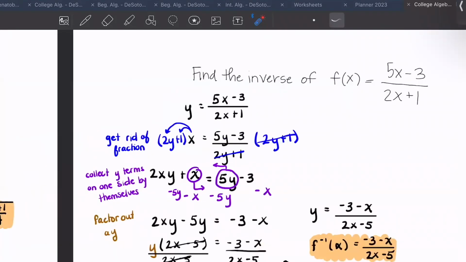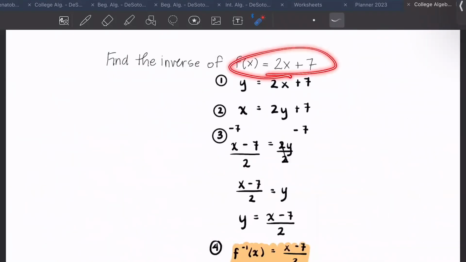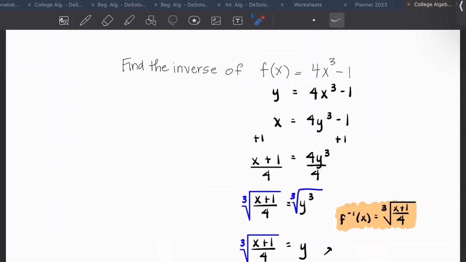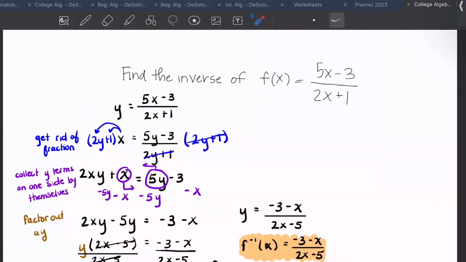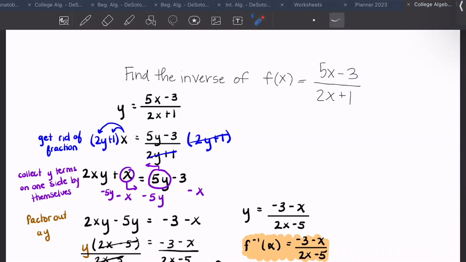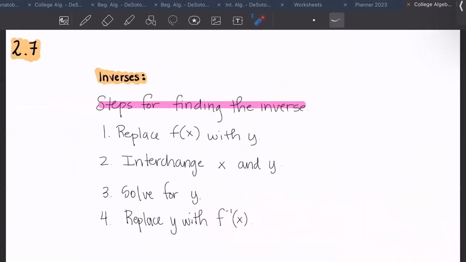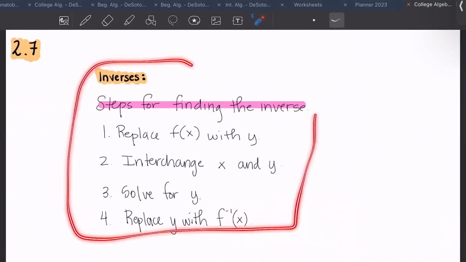So you kind of have 3 cases. You have a normal case that is not bad at all. You have a root case where you will get to a place where you need to take the root, and then you have a fractional case, which is the most complicated case, where you have to get rid of your fractions, collect your y's, factor it out, and solve. That is finding your inverses following these 4 steps.